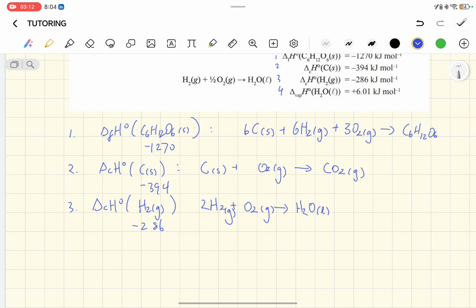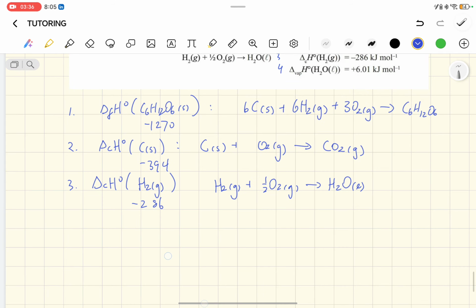No, that's not right, because the reaction is given above, which is H2 gas plus half O2 gas goes to H2O liquid, because this is a combustion reaction for 1 mole of H2 gas.